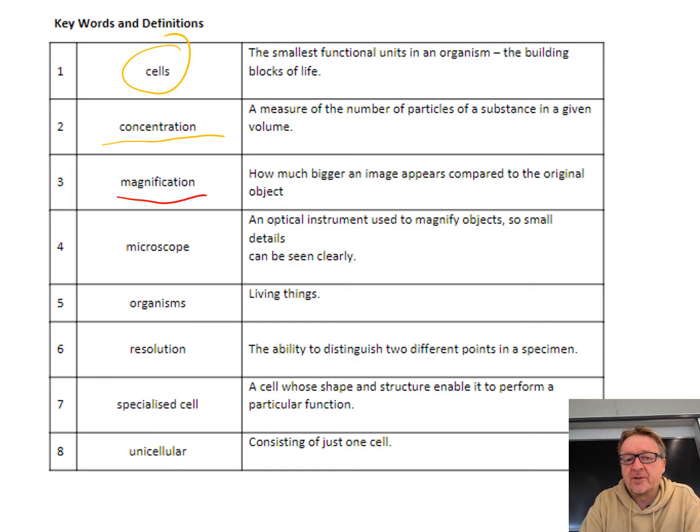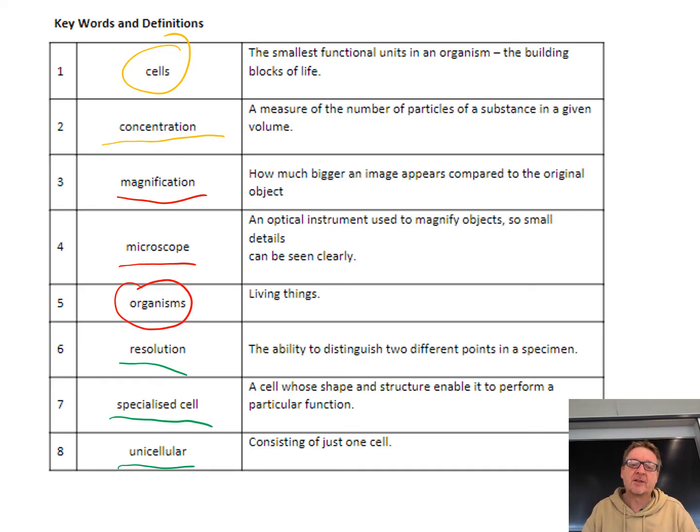An optical instrument used is a microscope. Living things are all organisms. The ability to distinguish between 2 points in a specimen is resolution, so an electron microscope has a much bigger resolution. A cell whose shape and structure enable it to perform a particular function is a specialised cell. We went through 6 before. Consists of one cell is unicellular, or it can be single cellular.